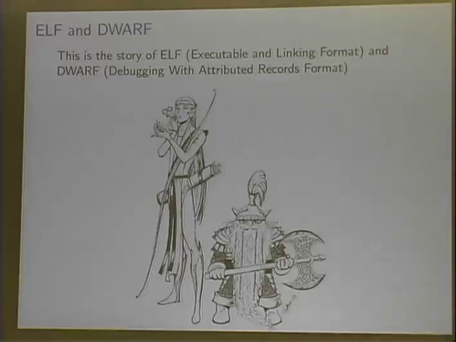Just a reminder as to what these things are. This is the story of two very friendly formats, the ELF and the dwarf. ELF is the Executable and Linking Format, and dwarf is a debugging with attributes record format. You just wonder who came up with that name and why.